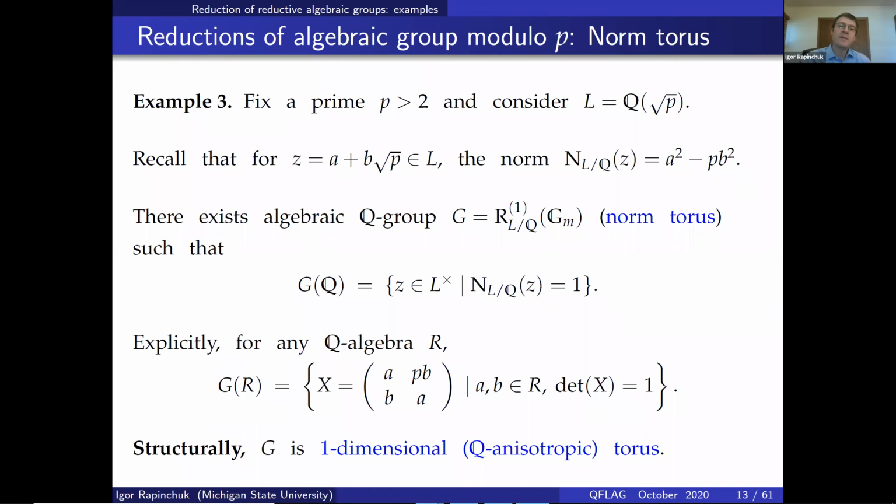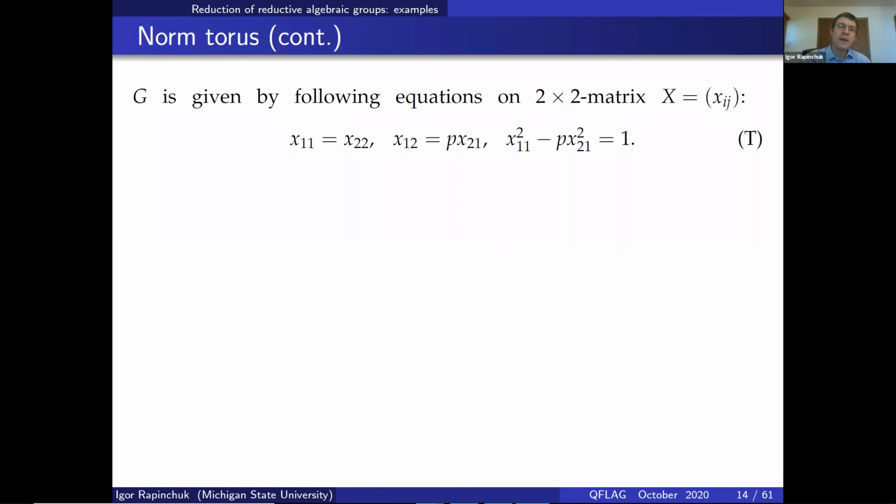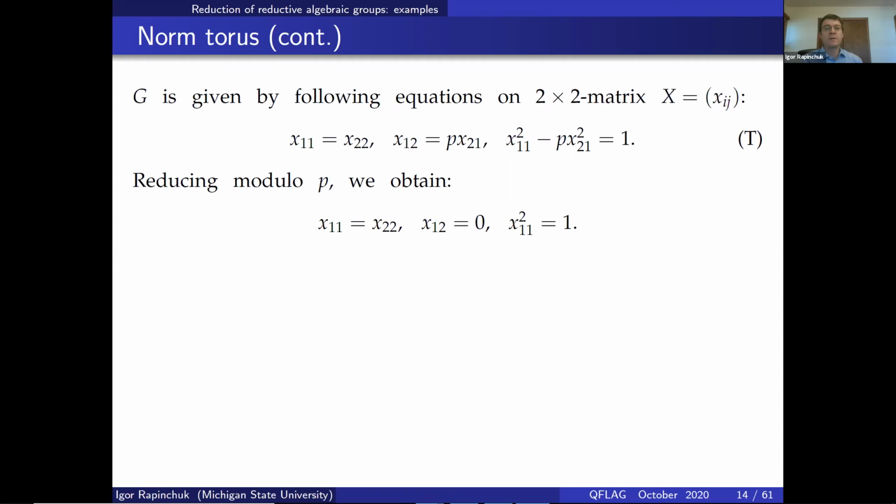Okay, so now we have this matrix realization. And from that, we see that our group is described by these three polynomial equations on the entries of our matrices. Well, the point is that this is a system of polynomial equations with integral coefficients, which we can then reduce modulo p. And then what we see is that we arrive at a system of equations whose set of solutions consists of unipotent matrices.